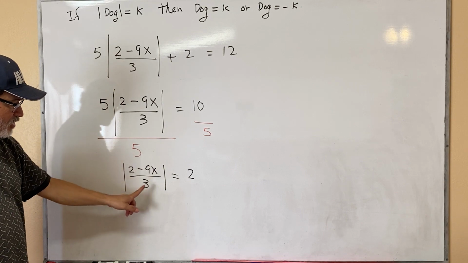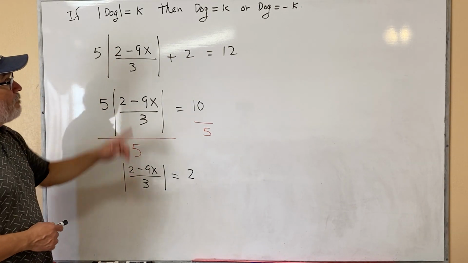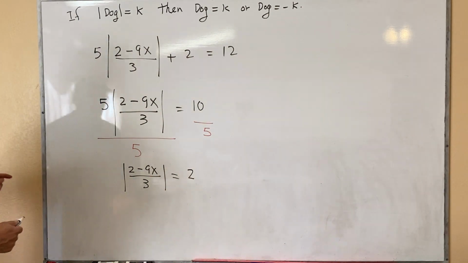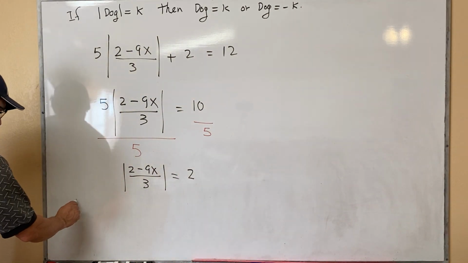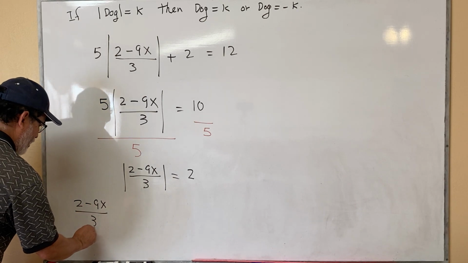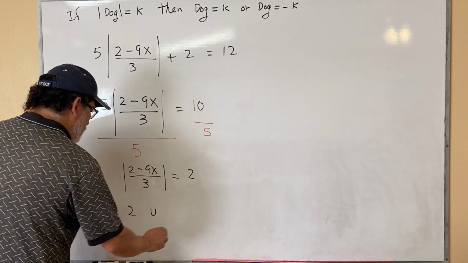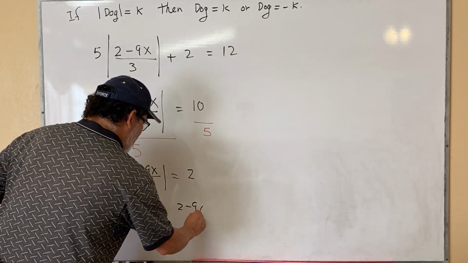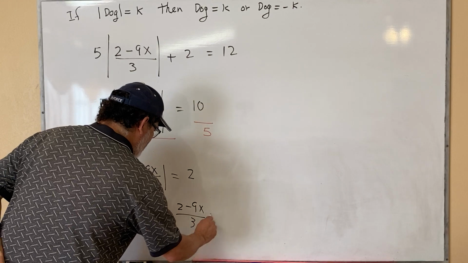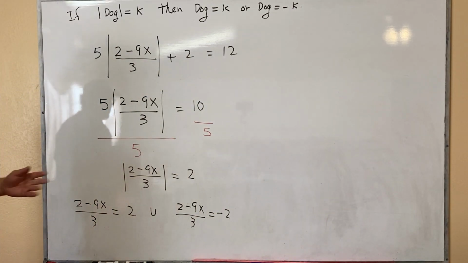We're ready to use that conclusion. By that conclusion, what's the dog here? 2 minus 9x over 3 equals 2, or 2 minus 9x over 3 equals negative 2. There you go.